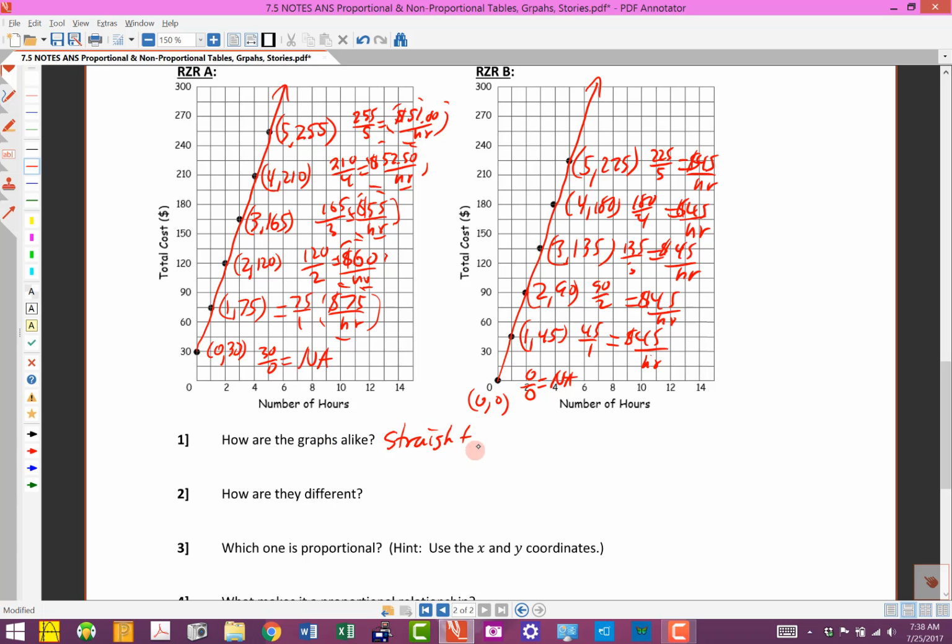Okay, that helps. Let's see. They're both still doing hours and cost. They both go up, meaning from left to right they go up. How are they different? Well, they look very similar. Different numbers.